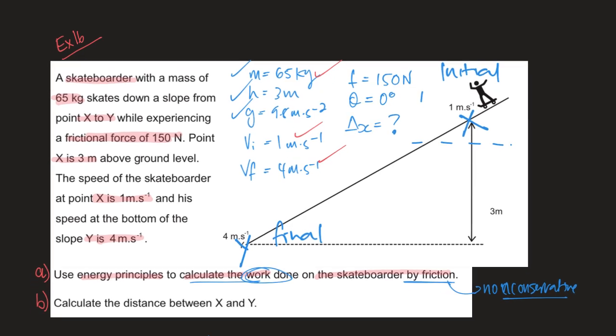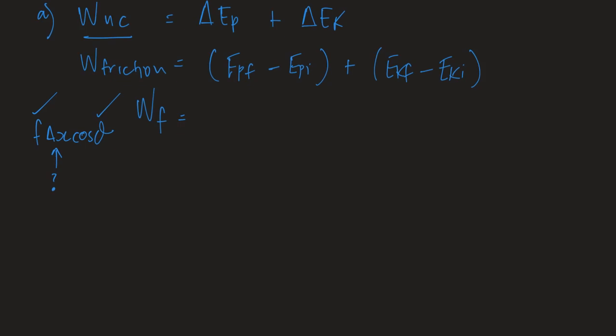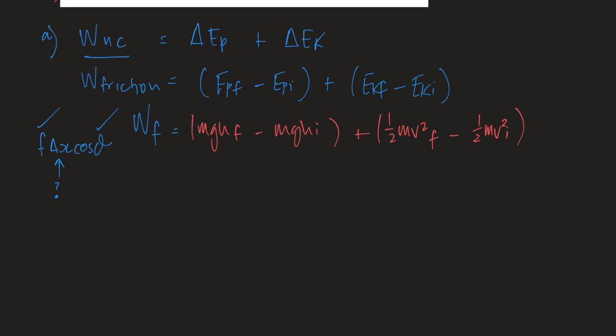So I'm going to put that into my formula: mgh final minus mgh initial plus half mv squared final minus half mv squared initial. I'm just going to pop in all my information and see where that takes me.